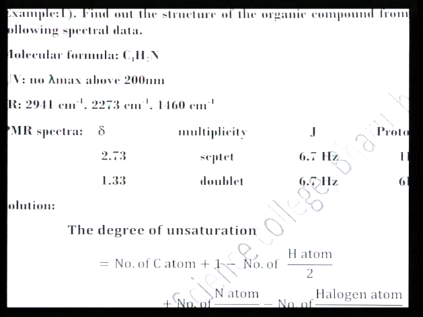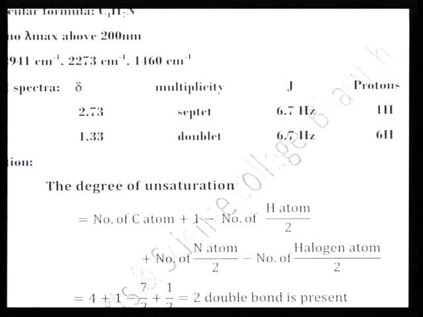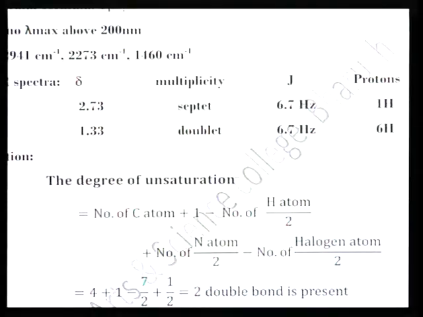Now, first of all, find out the degree of unsaturation, given by this formula. The degree of unsaturation equals the number of carbon atoms plus 1, minus number of hydrogen atoms by 2, plus number of nitrogen atoms by 2, minus number of halogen atoms by 2. In our molecular formula, there are 4 carbon, 7 hydrogen and 1 nitrogen, with no halogen.